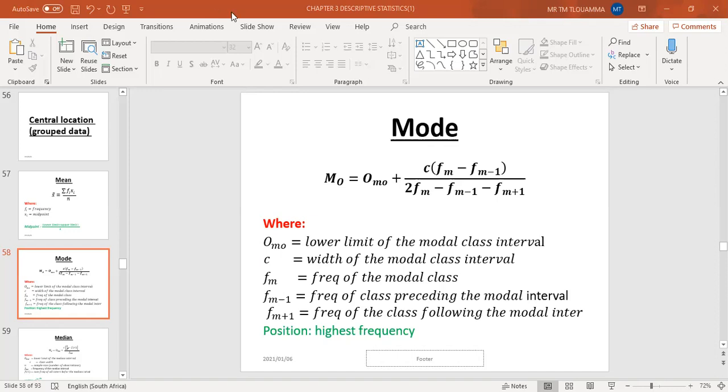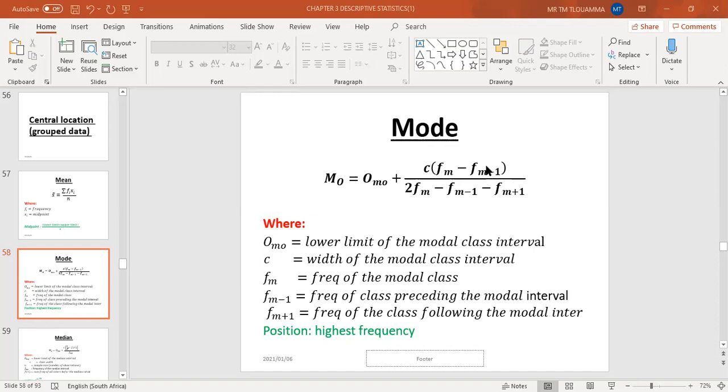Then, with the explanation of the formula, Mo, which stands for the mode, they say it is the L mo plus the C into the Fm minus Fm minus 1. Fm minus 1 is a formula on its own. This doesn't mean you must subtract 1 here.